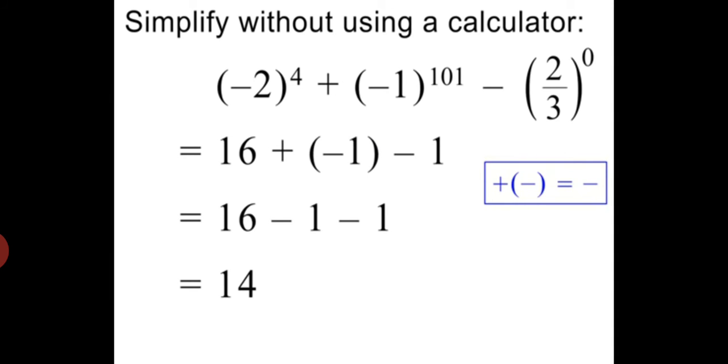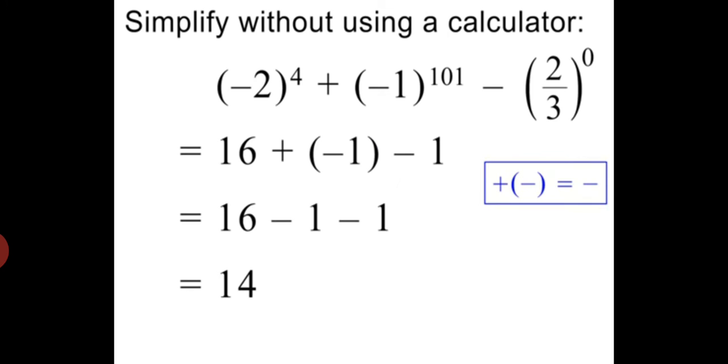Second example, minus 2 whole to the power 4 plus minus 1 whole to the power 101 minus 2 by 3 whole to the power 0. Now minus 2 whole to the power 4 means here 4 is even, so the result will be a positive number, it is 16, plus minus 1 whole to the power 101. 101 is an odd number, so the result is a negative number, minus 1.